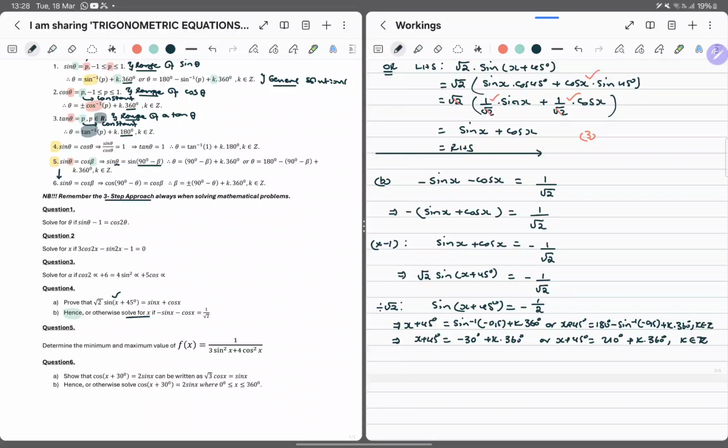Right? Nice and easy. So we can make our conclusion that therefore x is, transpose here, it's going to be minus 30 minus 45 is going to be minus 70 degrees.